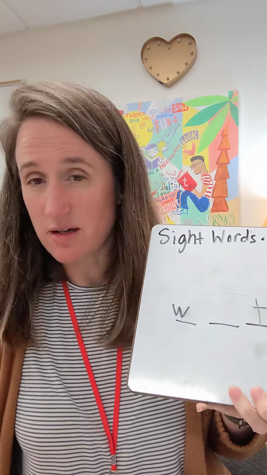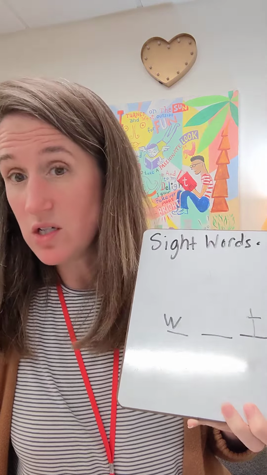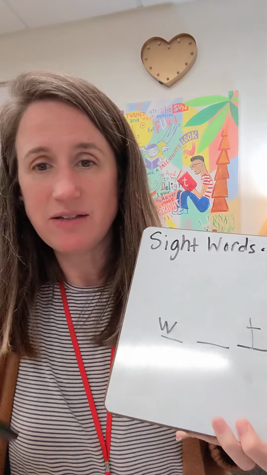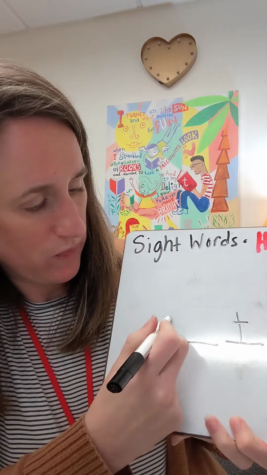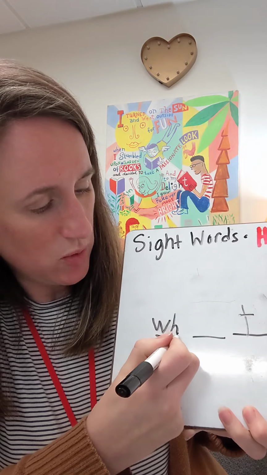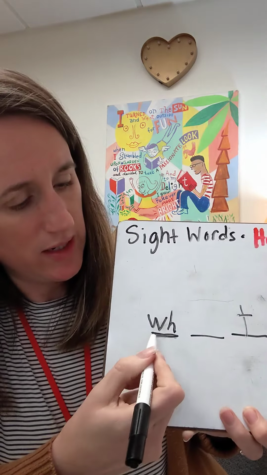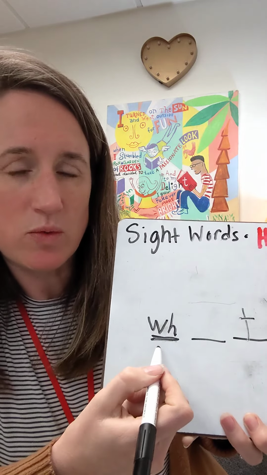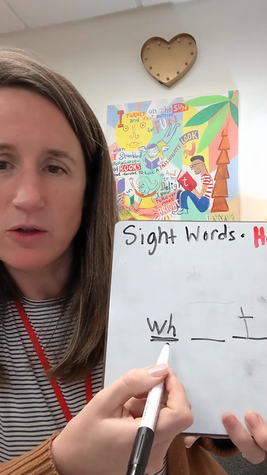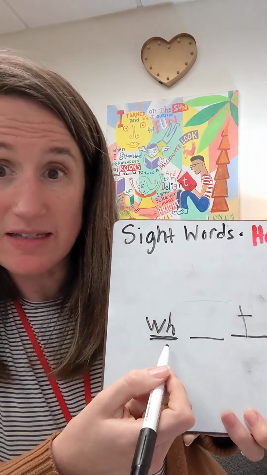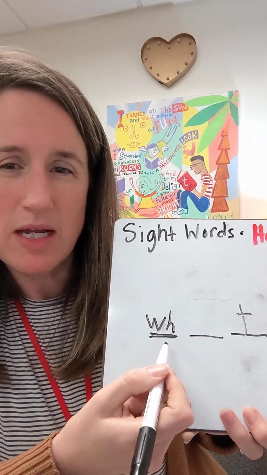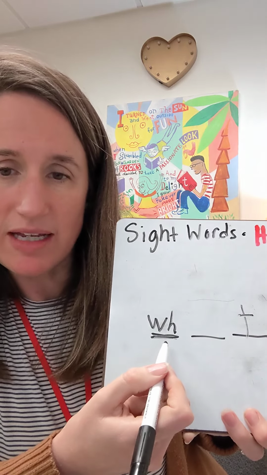Most kindergartners aren't going to know yet that the w sound can also be spelled by WH. That's a 2-letter spelling of the w sound. And that follows the rules of the English language. That's not an irregular or against the rules spelling. It's just something that kindergartners usually haven't been taught yet.